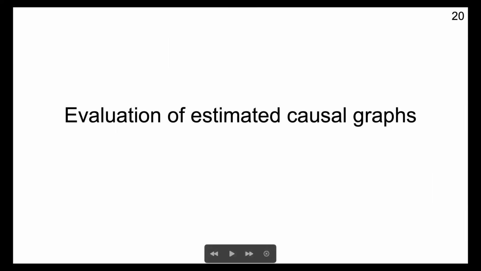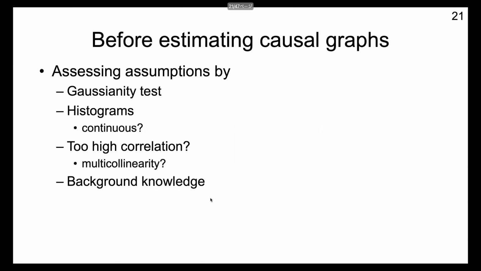Next, I will briefly discuss how we could evaluate the estimated causal graph. First, there are several things we can do before estimating the causal graph. For example, we can use the normality test, the Gaussianity test, to evaluate the validity of the non-Gaussian assumption.